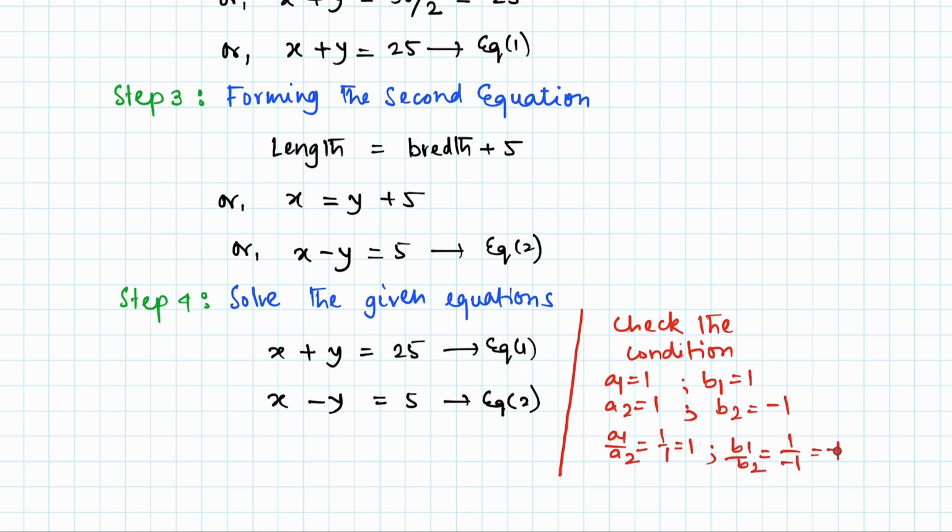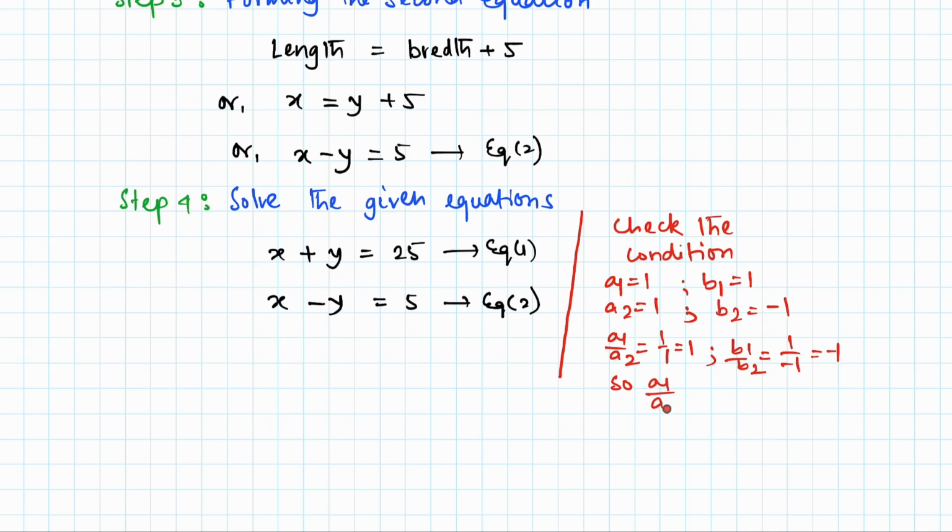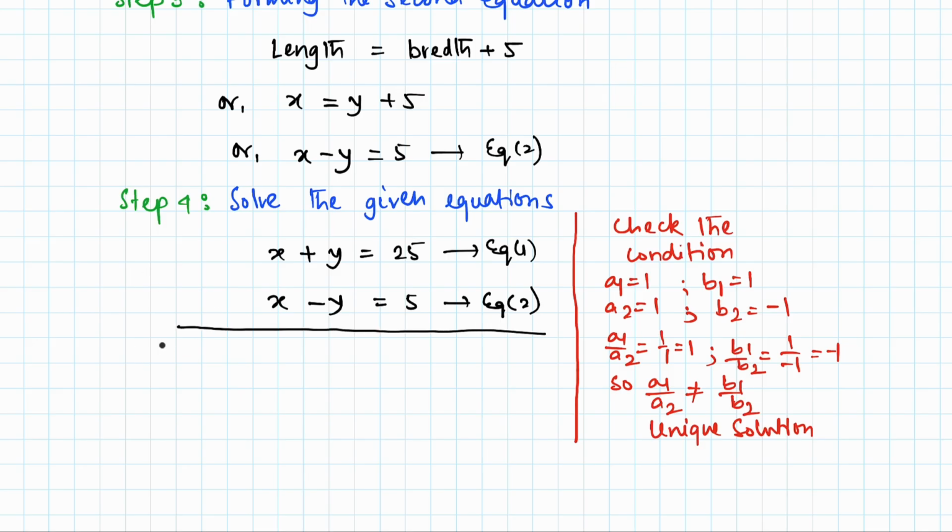So a1 by a2 is 1 and b1 by b2 is minus 1. So a1 by a2 is not equal to b1 by b2. So we'll get a unique solution. We'll check this condition every time to make sure that the problem is correct, and we can go ahead and without wasting time we can solve it.